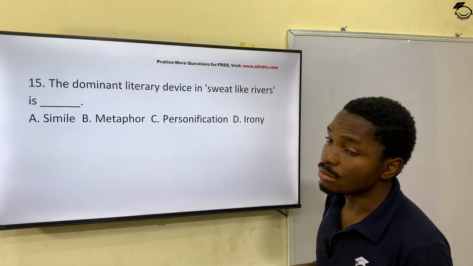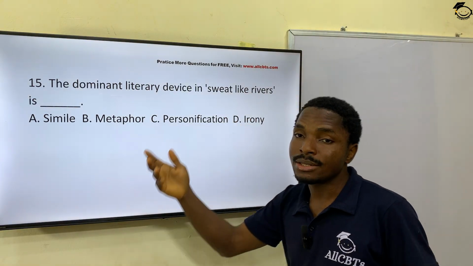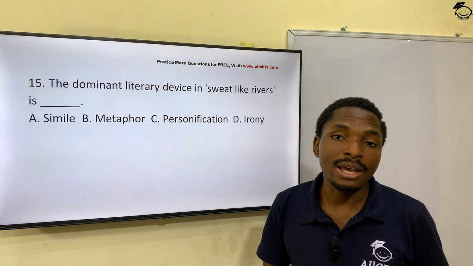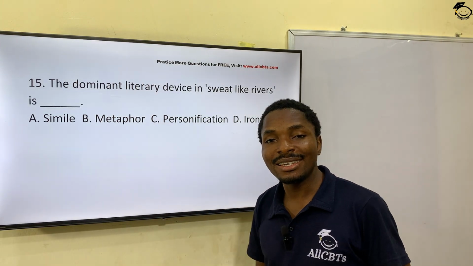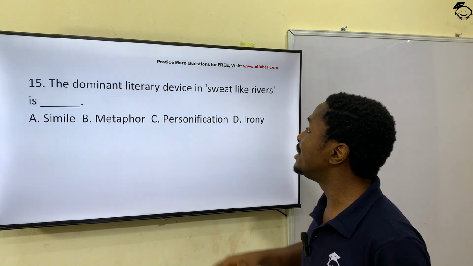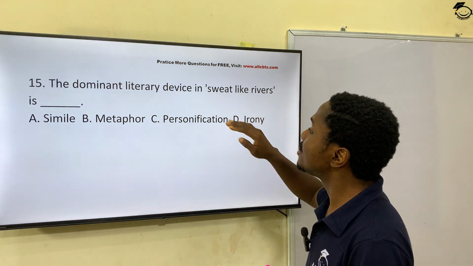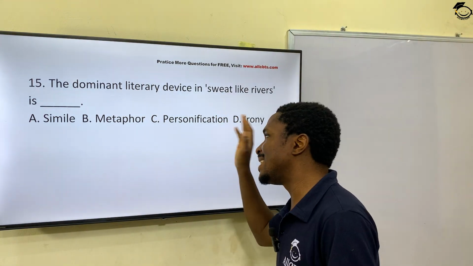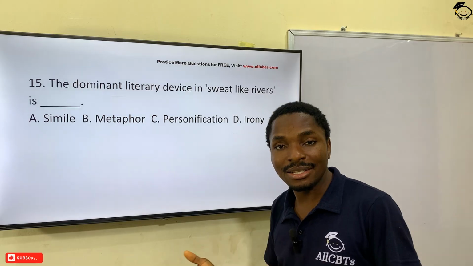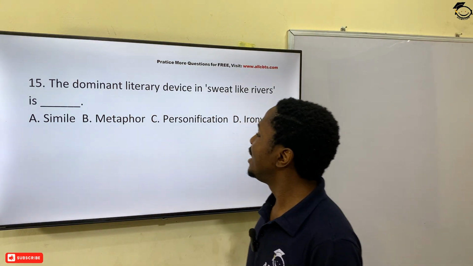That's simile. So we use simile for like or as. Maybe as bold as a lion, as tall as a giraffe. If there is no like in it, and it's still a figure of speech that looks like this, it will be metaphor.